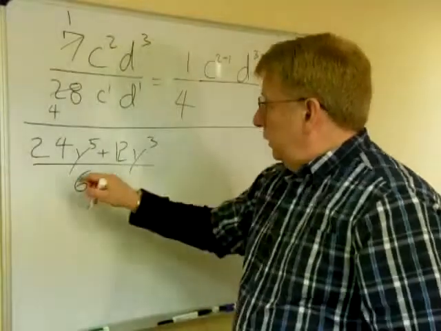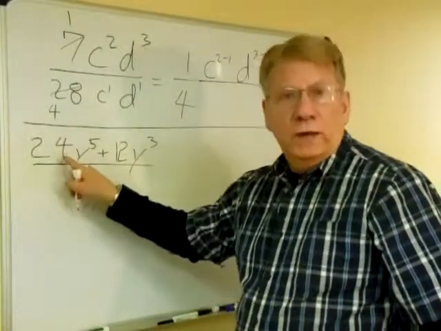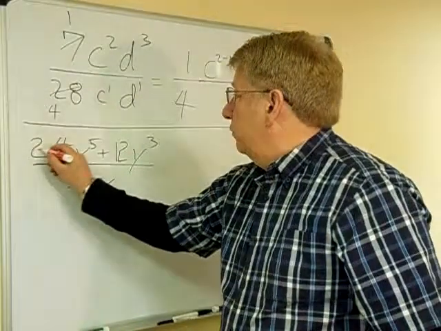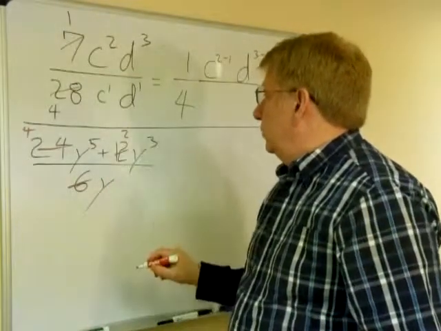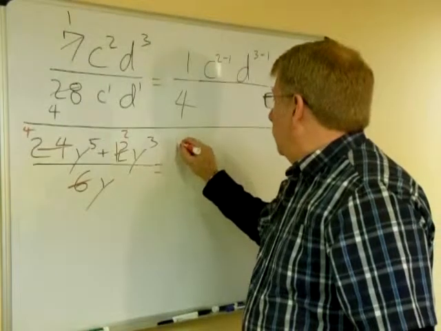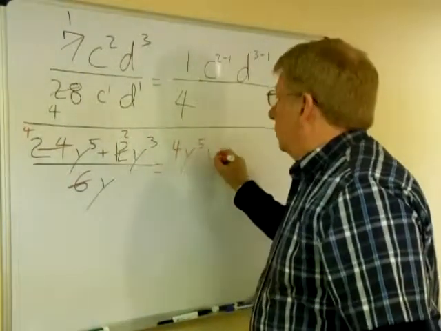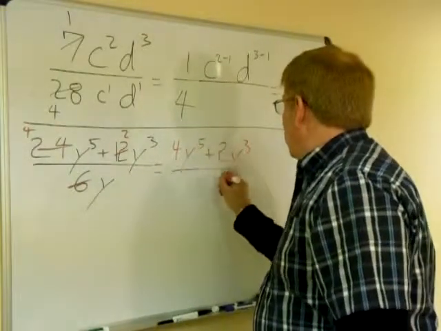Alright, if we look at the coefficients in this case, 6 is a factor for each one. So we can take 6 into 24 4 times, 6 into 12 2 times. So that leaves us with 4y to the 5th plus 2y cubed, all that over y.